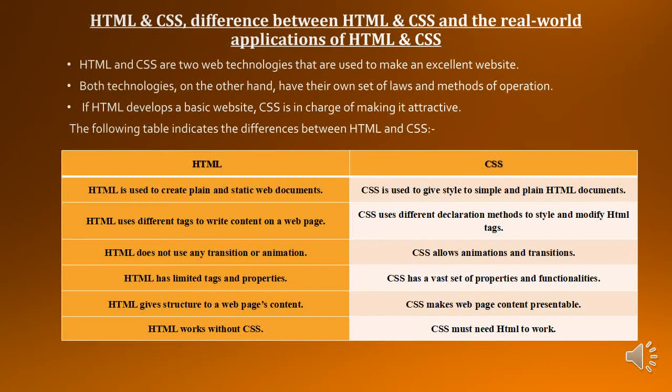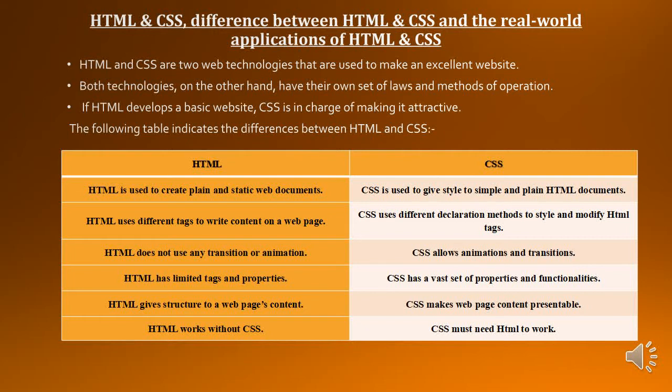HTML and CSS are two web technologies that are used together to create a stunning website, whereas both technologies have different roles and work. If HTML creates a plain website, then CSS is responsible for making it visually attractive. The following table gives you a clear view of the difference between HTML and CSS.